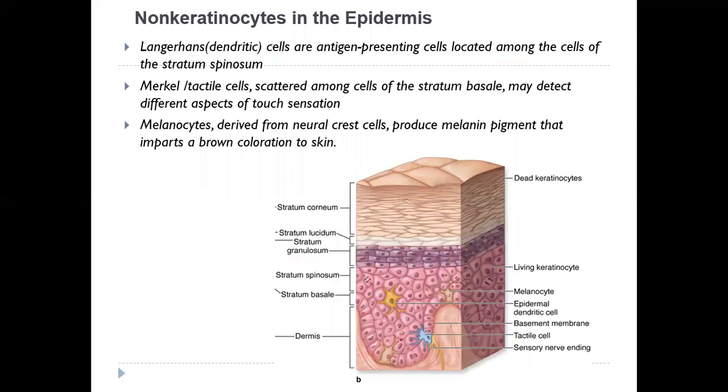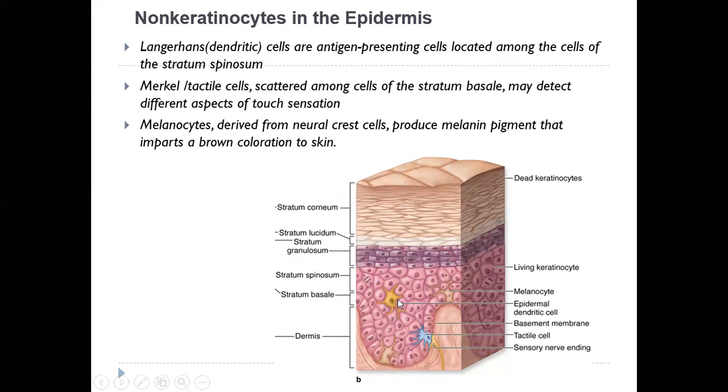There are keratinocytes in the skin and the epidermis, which are more in number. Also, there are non-keratinocytes, which are Langerhans cells, Merkel cells, then melanocytes. Each of these non-keratinocytes has different functions.